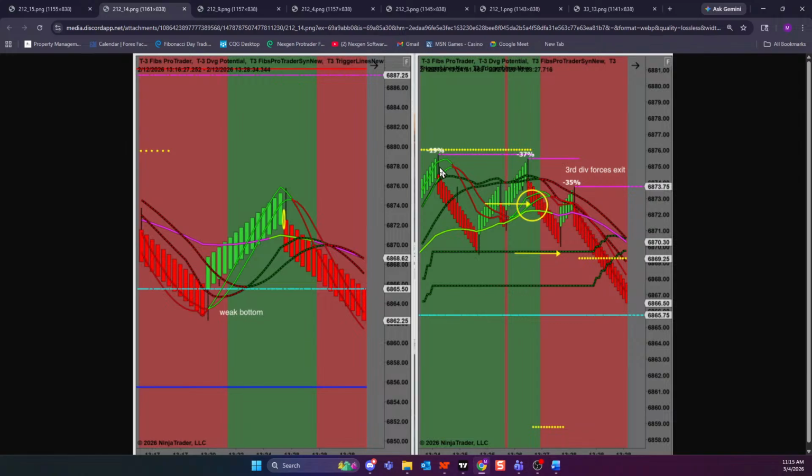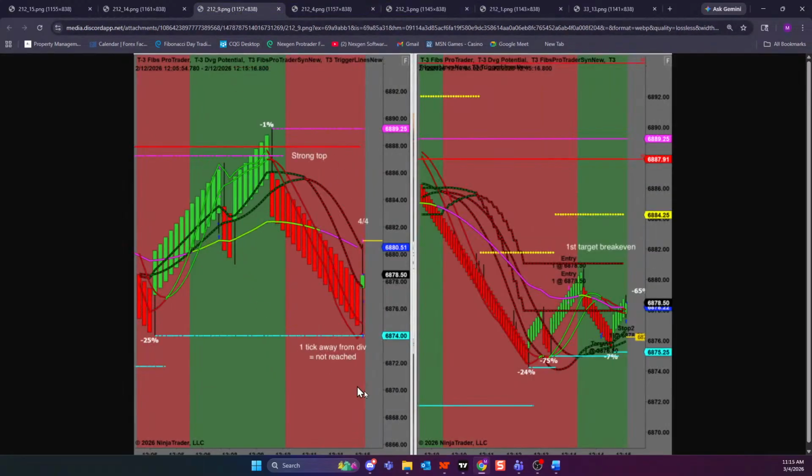Look what happens. Strong triggers, now the smalls are below the large, right? And now we're getting more divergences. It gets progressively worse. Now, if your rules are met, feel free. But you can see it getting progressively worse. The first entry is almost always the best entry, which is why we don't hesitate.